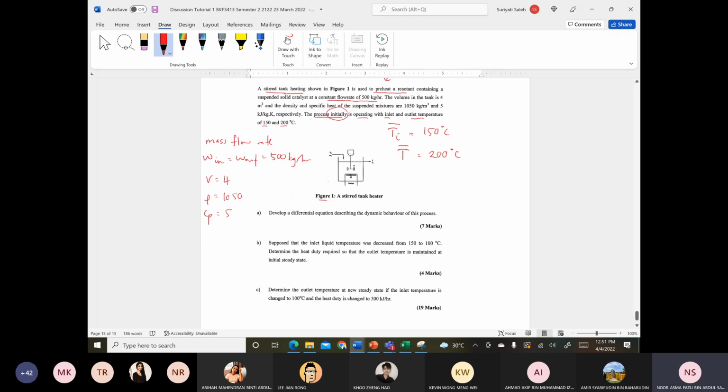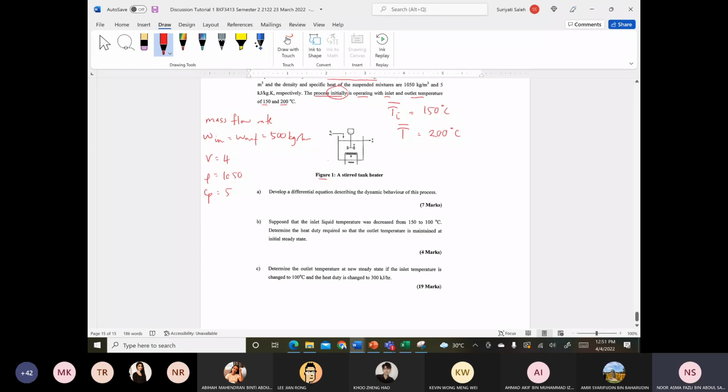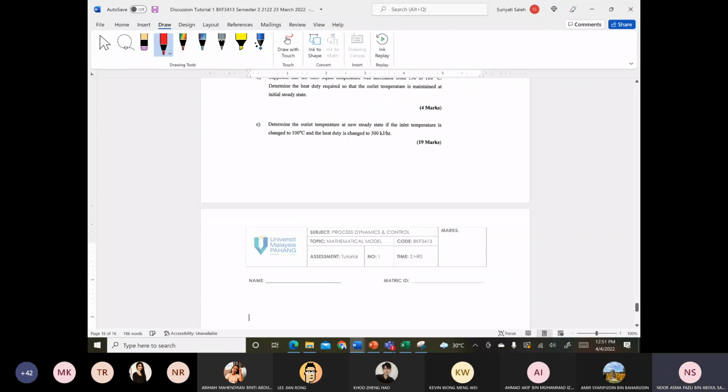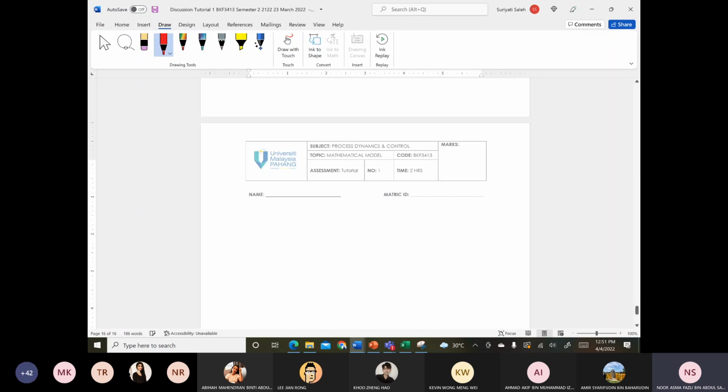A. Develop a differential equation describing the dynamic behavior. All right. In this case, when we do the overall mass balance, you don't need to show the derivation because it just mentions the constant flow rate, and you have only one inlet and one outlet.